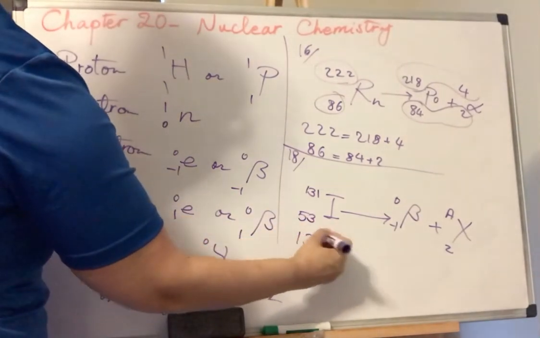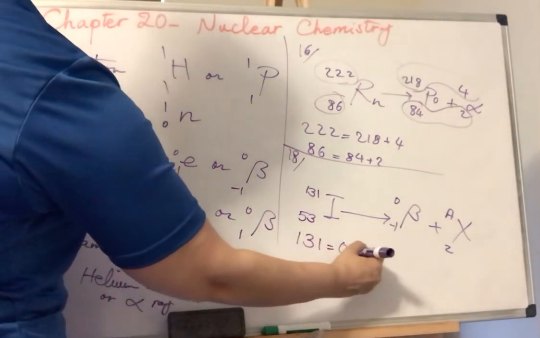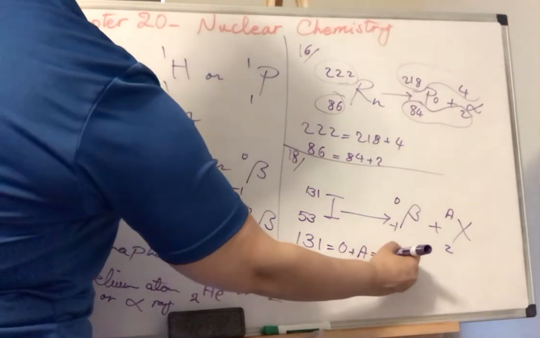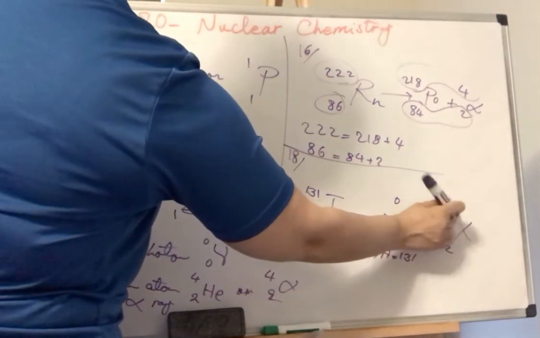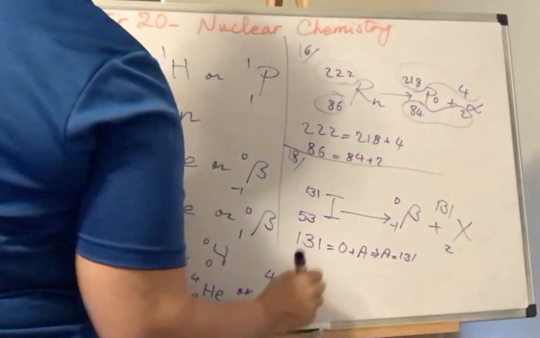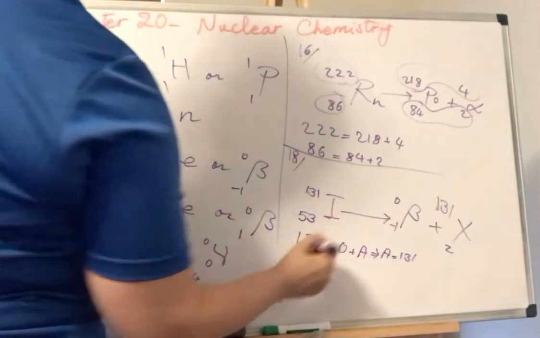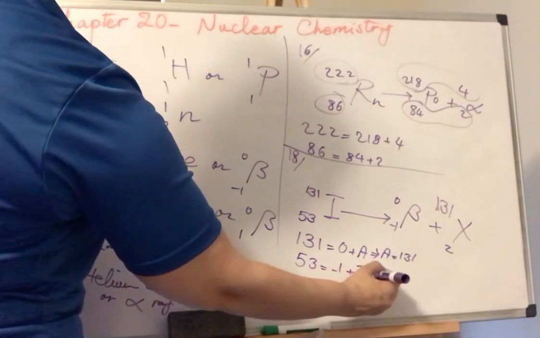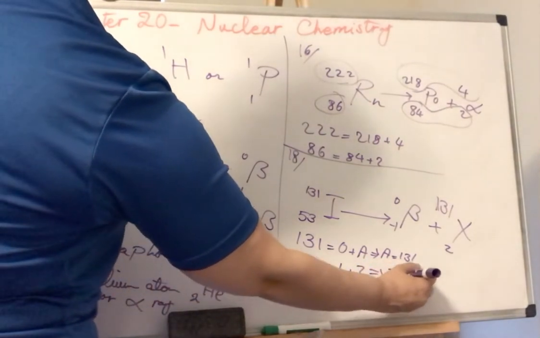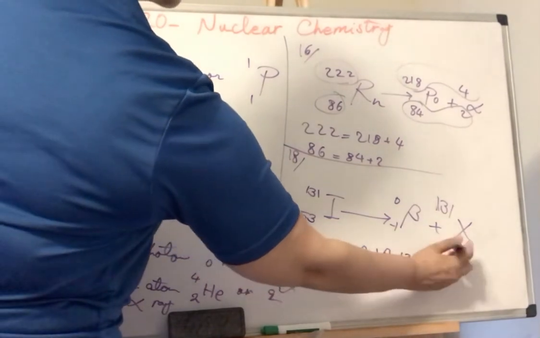So 131 is equal to 0 plus A. So what is A? 131, right? So instead of A, you put 131. And instead of 53 is -1 plus Z. So Z is going to be 54. So atomic number is 54.